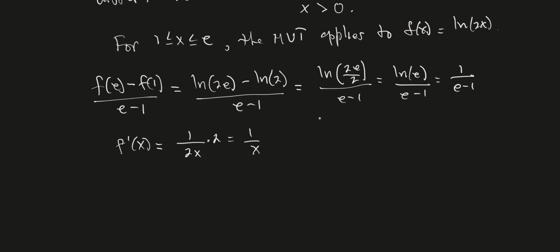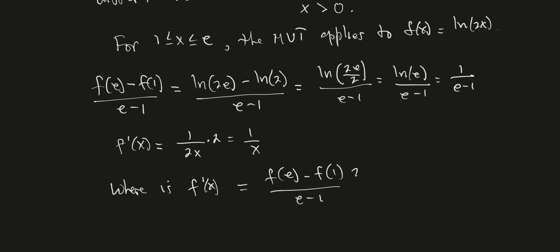So where are these two things equal? Well, that's pretty easy to see. So where is f prime of x equal to f of e minus f of 1 over e minus 1? That's what the theorem says. Well, there has to be a point.